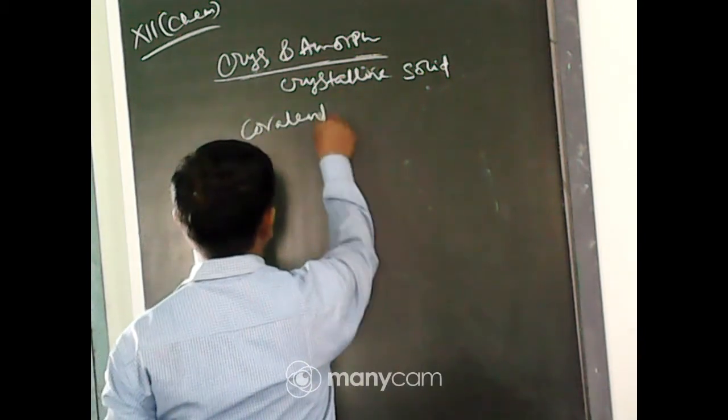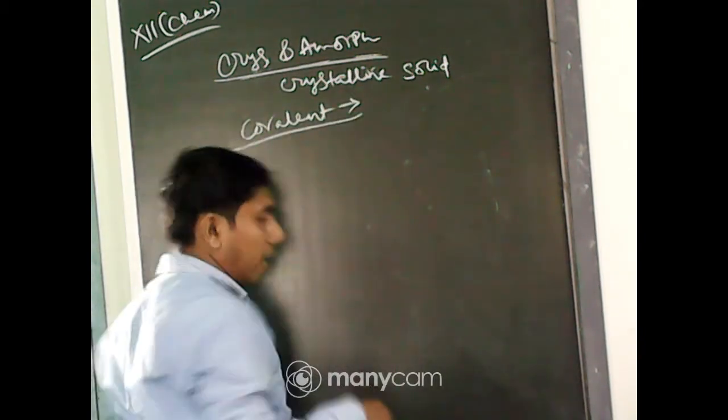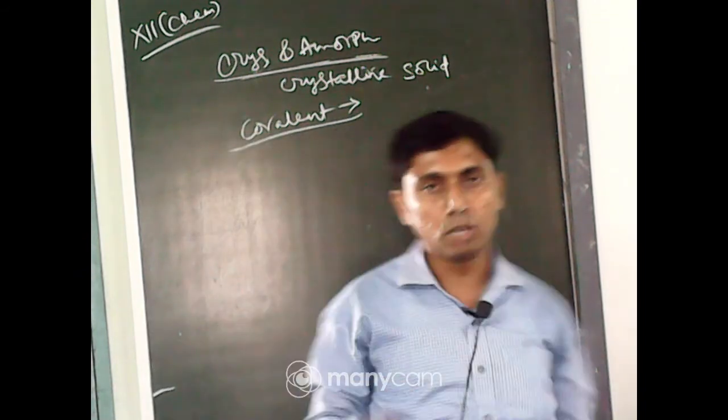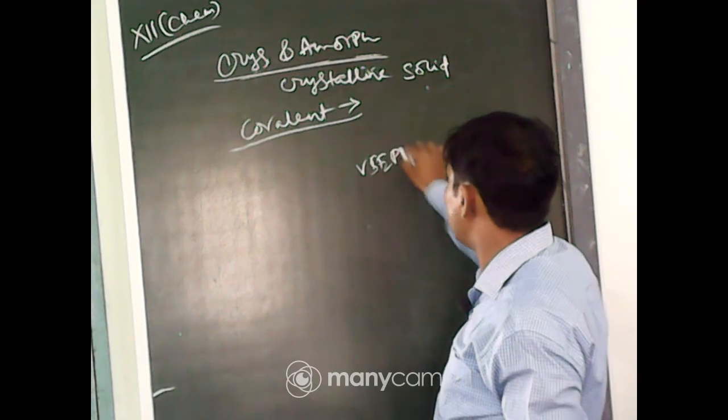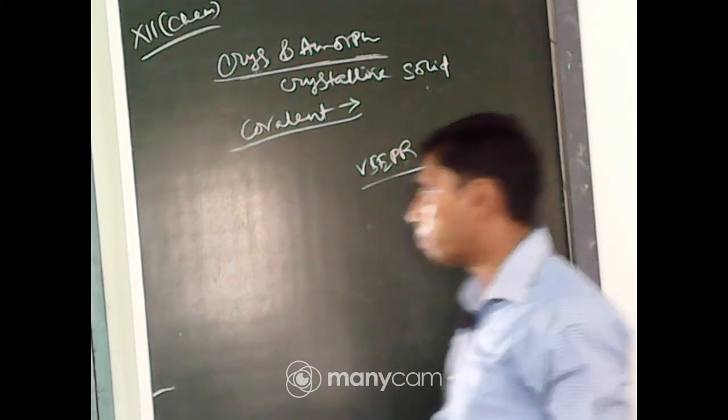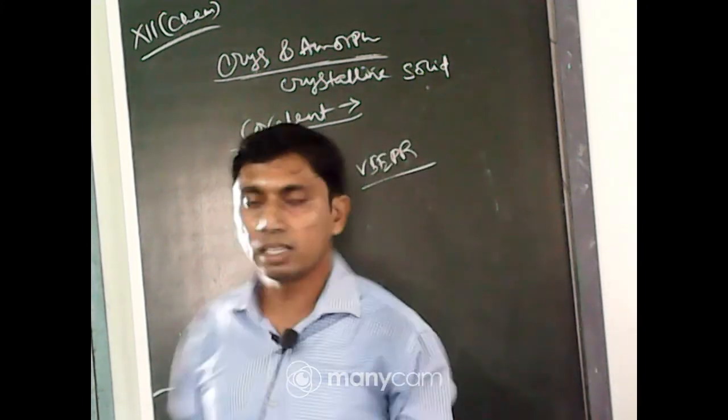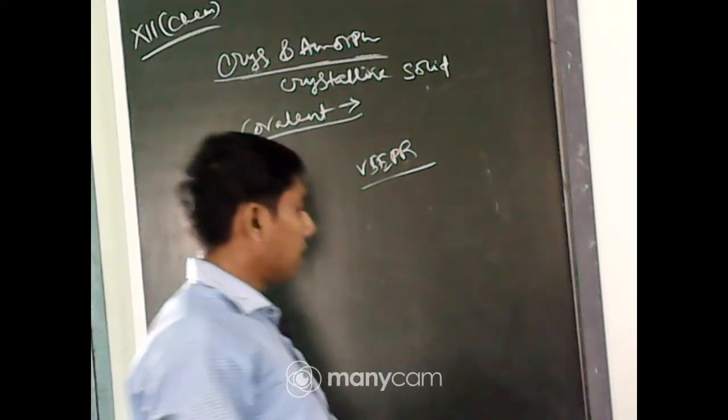Now, just remember the ideas you used in the case of VSEPR to detect the shape of compounds like BCl3, PCl5 or SF6.